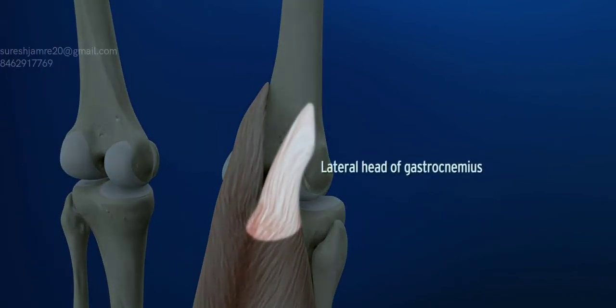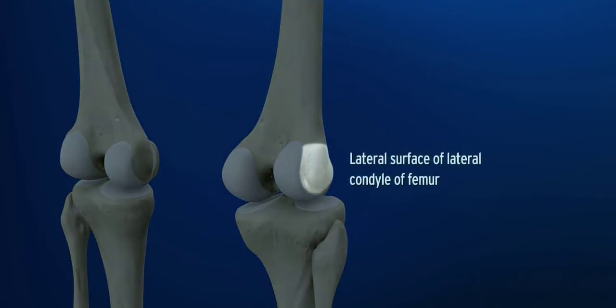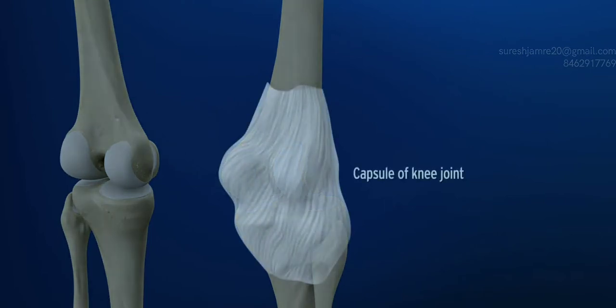Lateral head of gastrocnemius arises from the lateral surface of lateral condyle of femur, lateral supracondylar line, and capsule of knee joint.